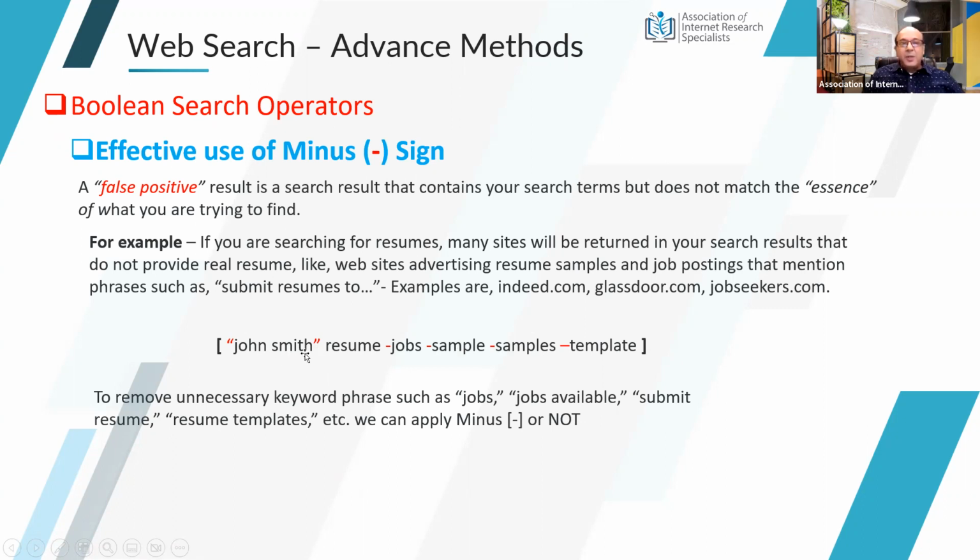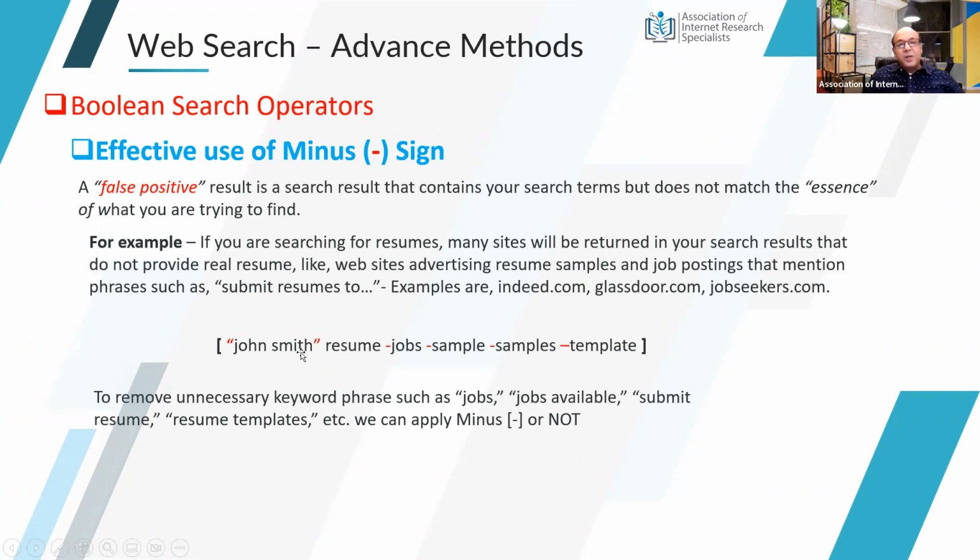Incidentally, the name John Smith is similar to how people use the name John Doe, right? Just as an example, and I found that John Smith works more or less the same way. So if you have samples of resume, they would start showing up. Okay, you don't want templates, you don't want samples, you don't want something to do with offering jobs.